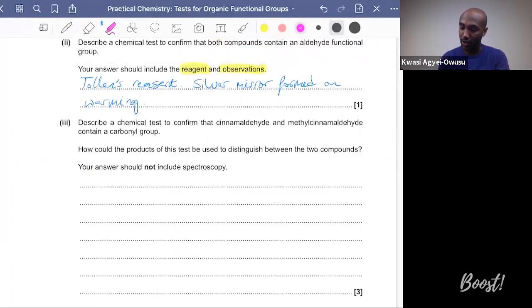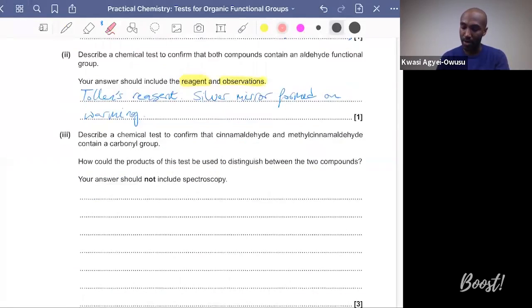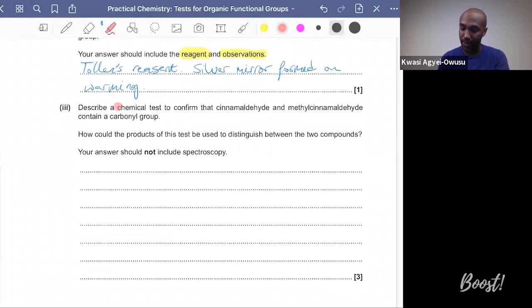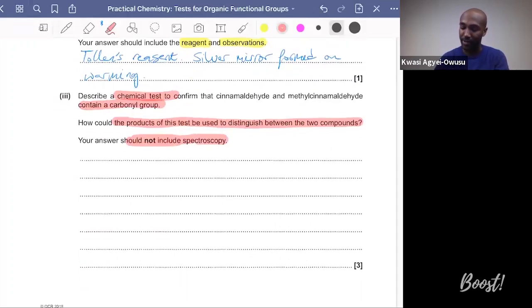There are three parts to this: a chemical test to confirm the carbonyl group, how the products could be used to distinguish between the two compounds, and the answer must not include spectroscopy. These are things to bear in mind when answering the question.